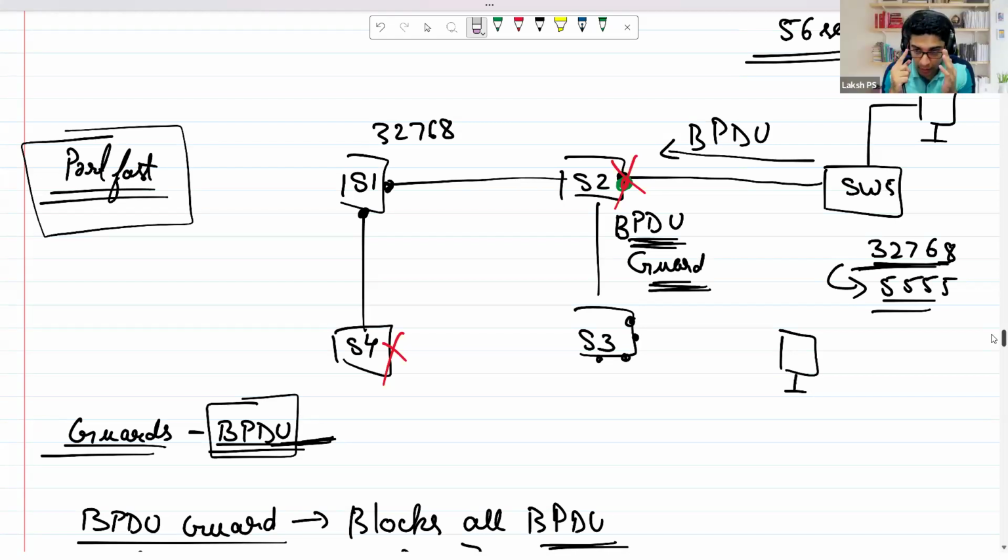Because by default, spanning tree is configured in switches, right? In Cisco switches, by default, rapid spanning tree is enabled. Spanning tree is actually not existing anymore, because, as I said, no one has time to wait for 32 seconds, 36 seconds, 50 seconds. That is why we brought up rapid spanning tree protocol.